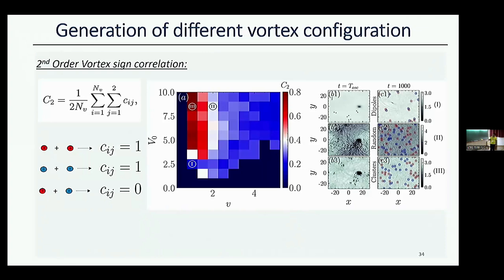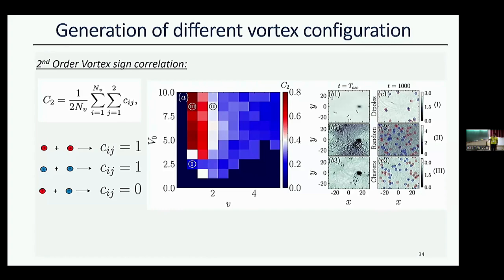So what we see here is different sorts of regions. This one is a region simply dominated by dipole vortex configurations, so we get positive and negative dipoles together. Then we have the second region in which it is random in nature, and the third region where same sign vortices are staying together.